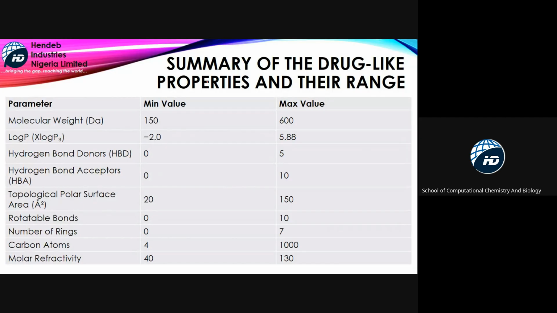So for it to be there, you must have the presence of a hydrogen bond acceptor. So I don't take that 0. While we'll be building the model now, we'll take 5.